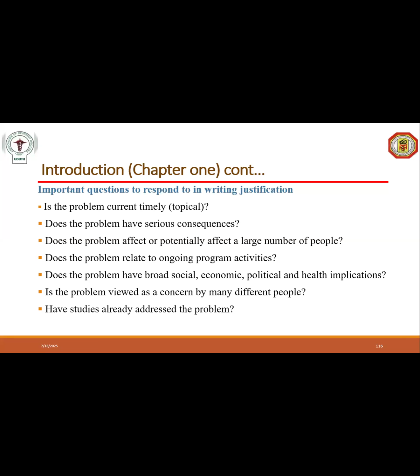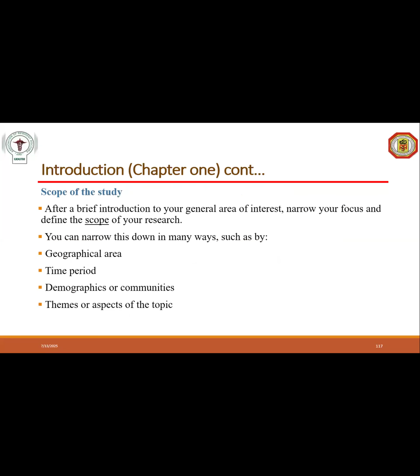Does the problem have broad social, economic, political, and health implications? Is the problem viewed as a concern by many different people? Have studies already addressed the problem? So you have to look at all these questions so that you justify your study. Because the justification is also one of the most important things that examiners look at before they approve a topic. Is it justified to do it or not? If you can justify it, then you will be allowed to do it. But if you cannot justify doing it, then you will not be allowed to do it.